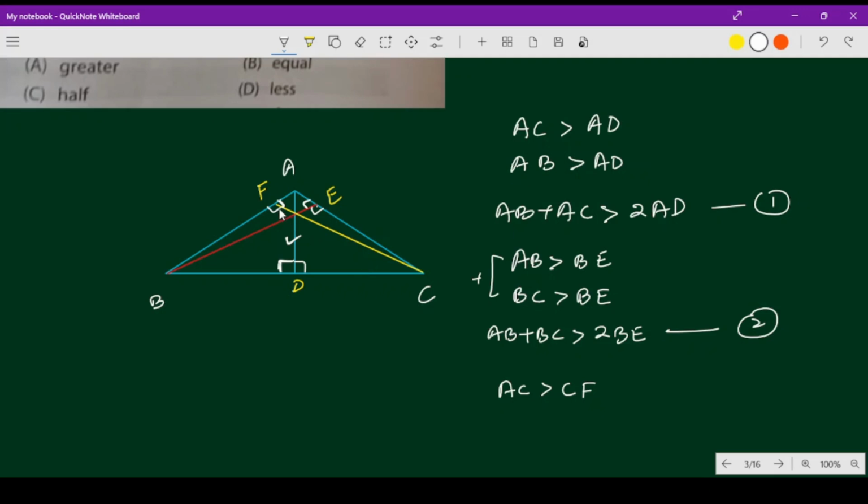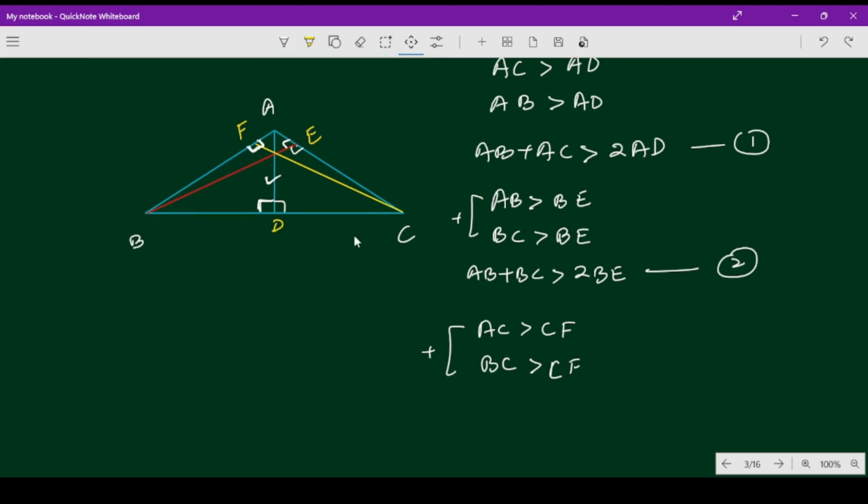And the same way in this triangle, this angle is 90, so opposite is BC, so BC is bigger than the altitude CF. By adding both of these, we'll get AC plus BC is greater than 2 times CF. So this is the third inequality.